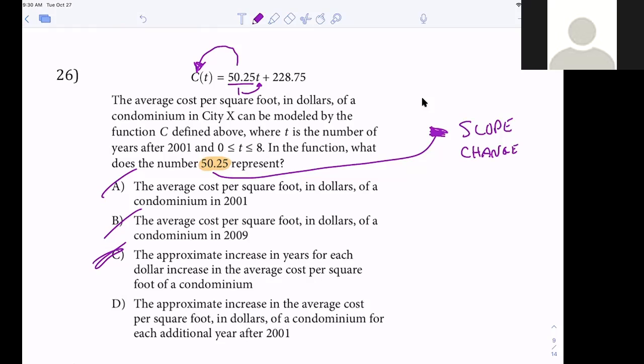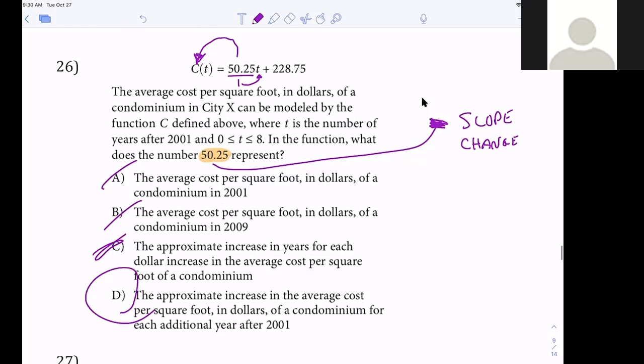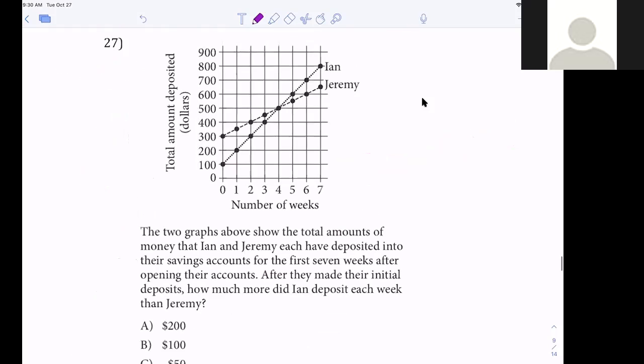The number in front of the T goes with the change in C, not the change in T. All right, hopefully that's getting through your brain. Tomorrow it's on the test for sure. All right, so I'm happy with you. If you understand that's D, I'm super proud of you. You're awesome. You got it. You understand slope.